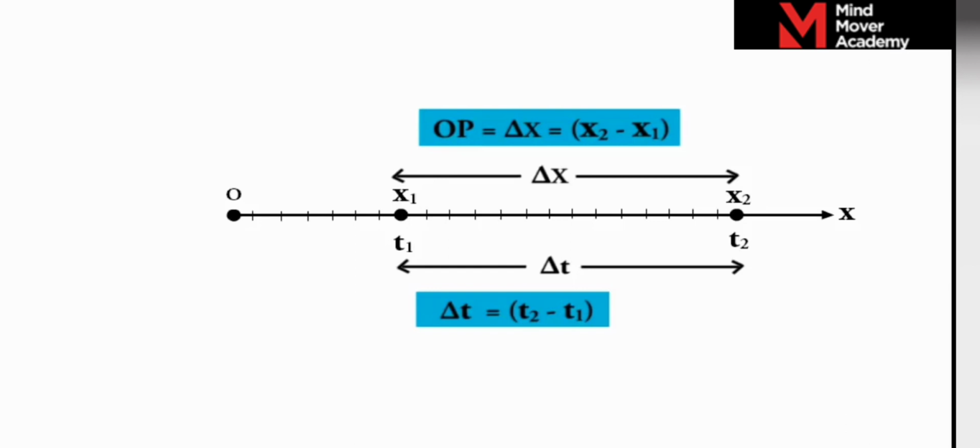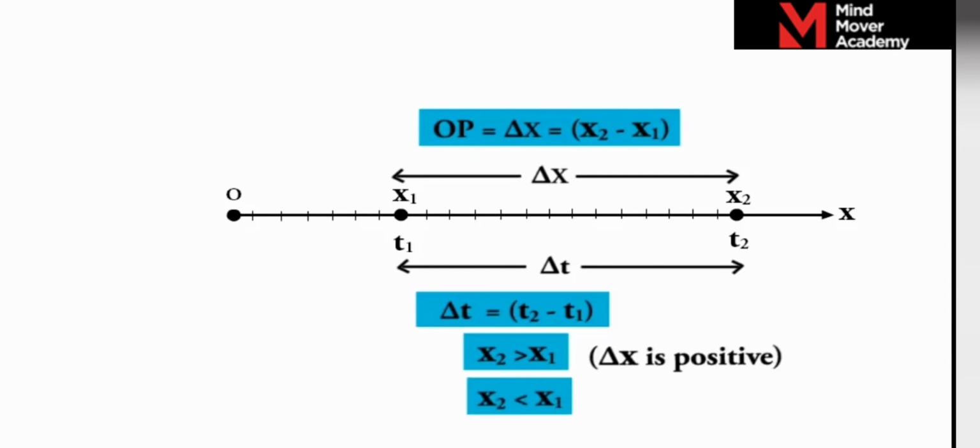We use the Greek letter delta to denote a change in a quantity. If x2 is greater than x1, delta x is positive. And if x2 is less than x1, delta x is negative.